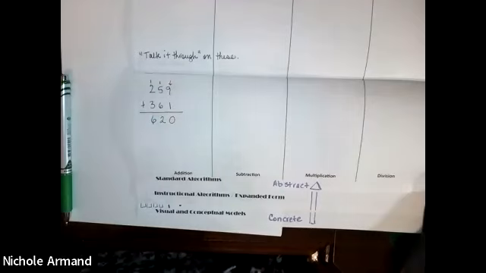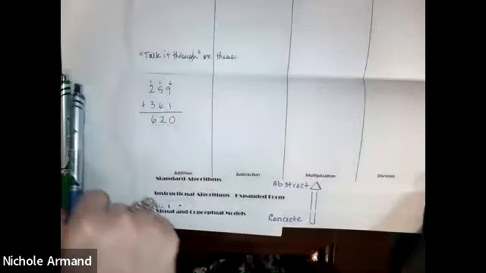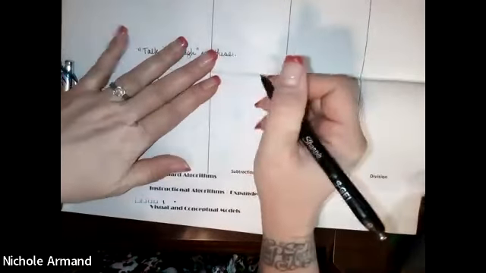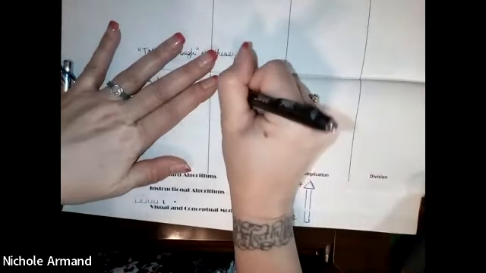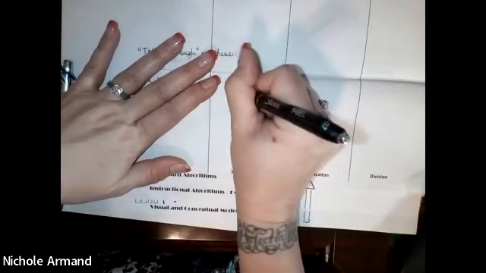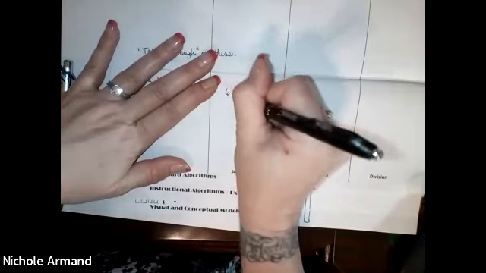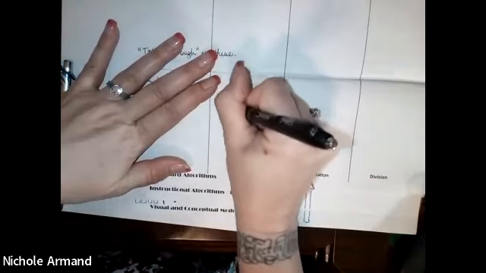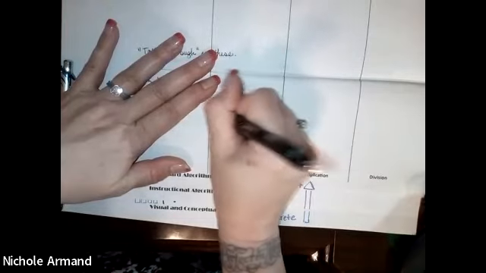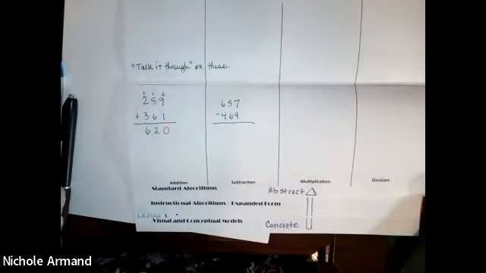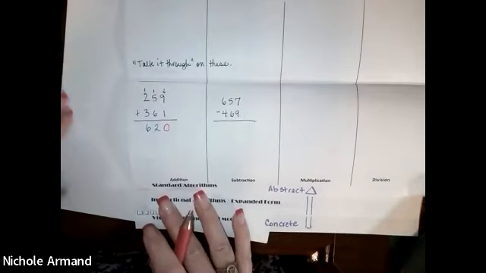And 2 plus 3 plus 1 is 6. There we go. Let's talk it through on a subtraction with regrouping. So let's see, how about 657 minus 469. Okay, so here's where you can emphasize what you're regrouping.